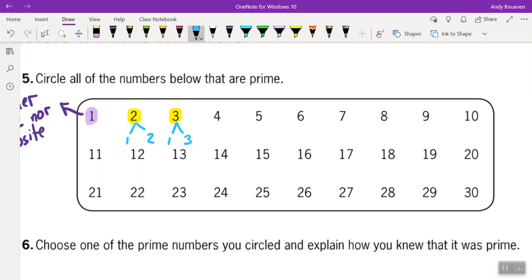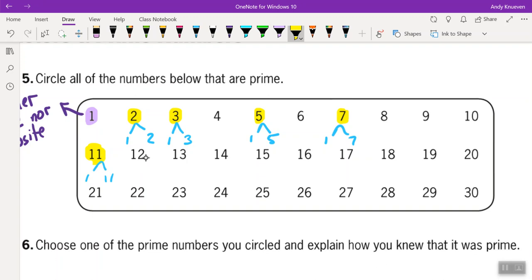So 1 and 3. 4 is not prime. 5, yep, 5 is prime. 1 and 5. 6 is not prime. 7 is prime. 1 and 7. 8 is not prime because I can multiply 2 times 4 and get there. 9 is not prime because it's 3 times 3. 10, nope, 2 and 5. 11, yeah, 11's prime. 1 and 11.